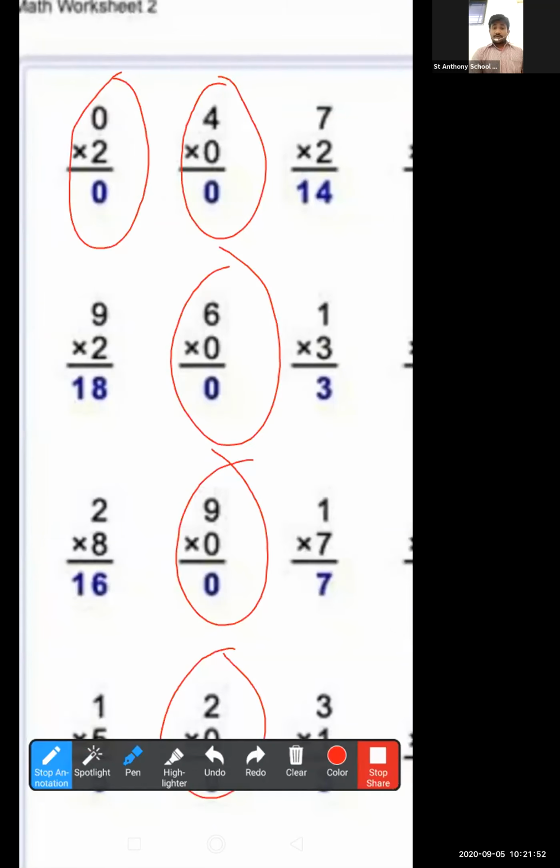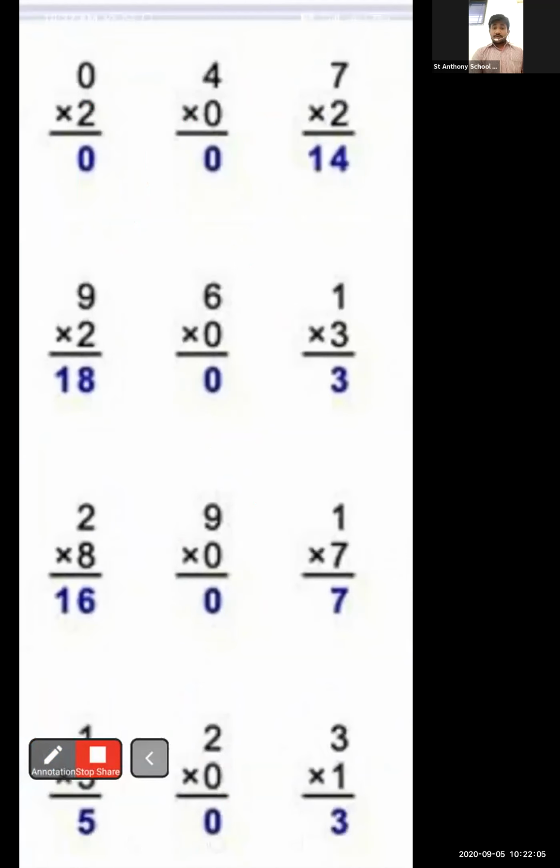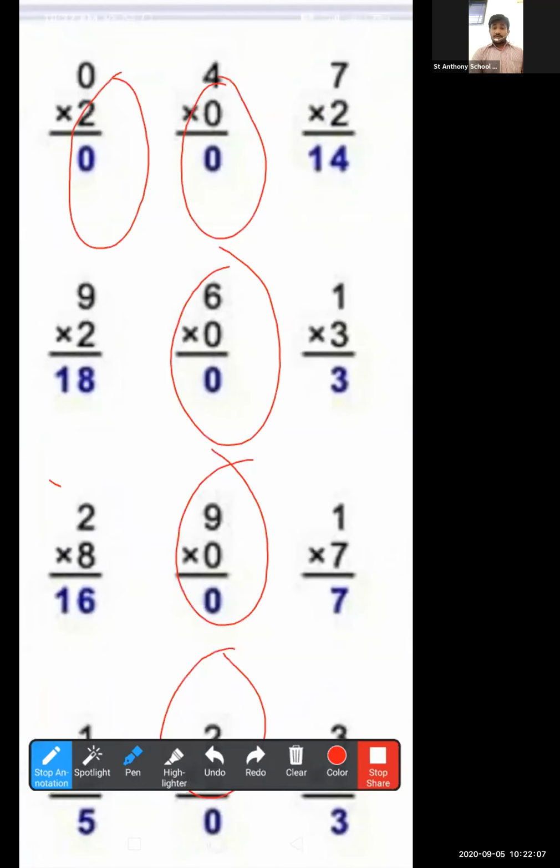I have told you to observe 5 sums there. How many sums are there? 5 sums. Observe it very carefully. After observing all those 5 sums, you will come to know one point.